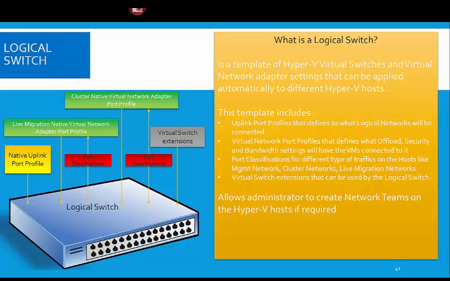Filtering extensions can be used to block, modify, or defragment packets. They can also block ports. And finally, forwarding extensions can be used to direct traffic by defining destinations, and they can capture and filter traffic. To avoid conflicts, only one forwarding extension can be active on a logical switch.